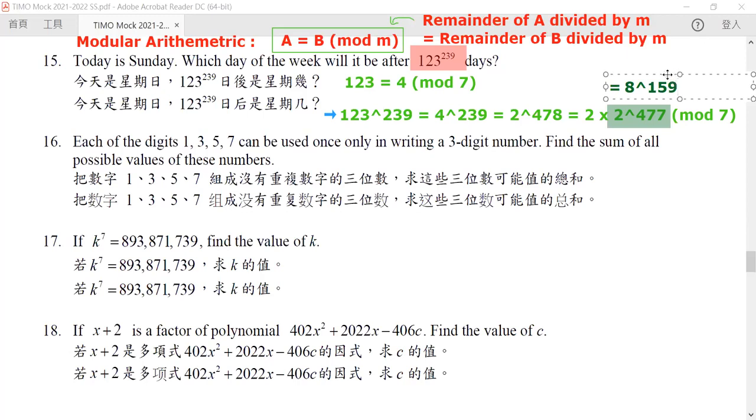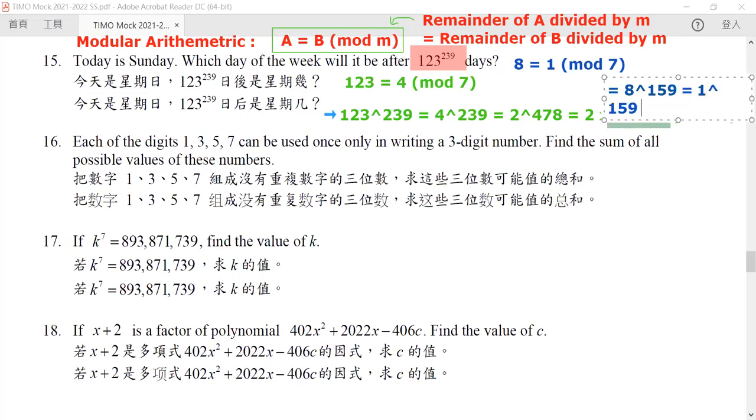But why is this interesting? Because remember, 8 is equivalent to 1 when it's divided by 7. So we can replace this part by 1 to the power of 159. But this is exactly equal to 1, right?